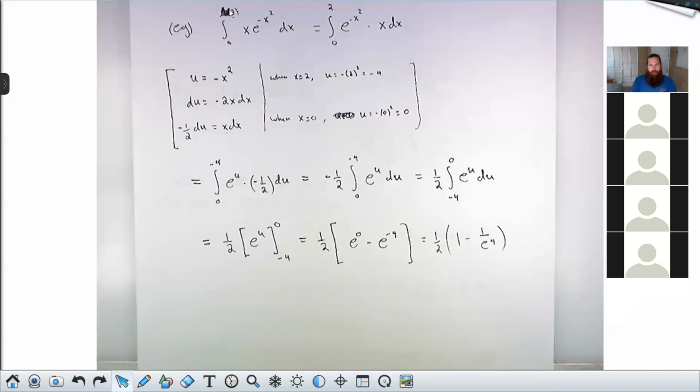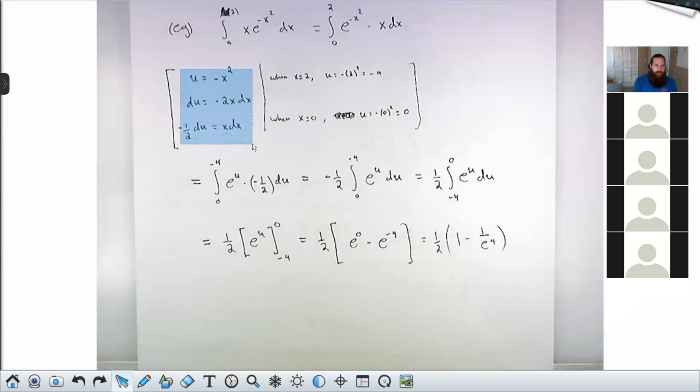First, questions on this one. I'll leave this up for just a second longer. Anybody who's writing? This is my normal substitution and differential work.